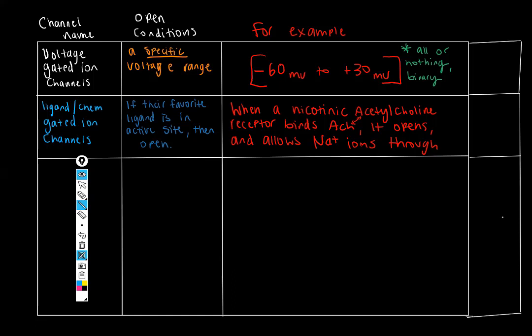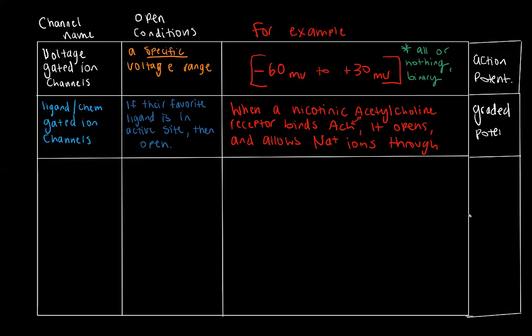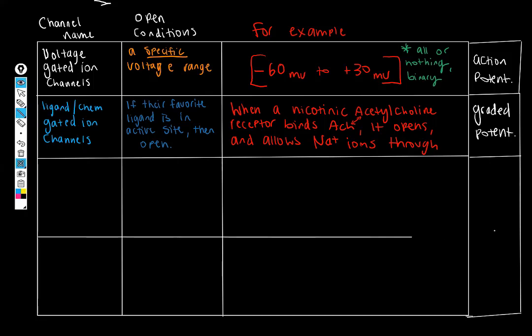So over here, we're going to talk about the style of potential that we're talking about. So you cannot have action potentials without voltage gated channels. So these are action potentials. These ones are graded potentials. And then I have two other categories of channels that I'll mention just really quick.